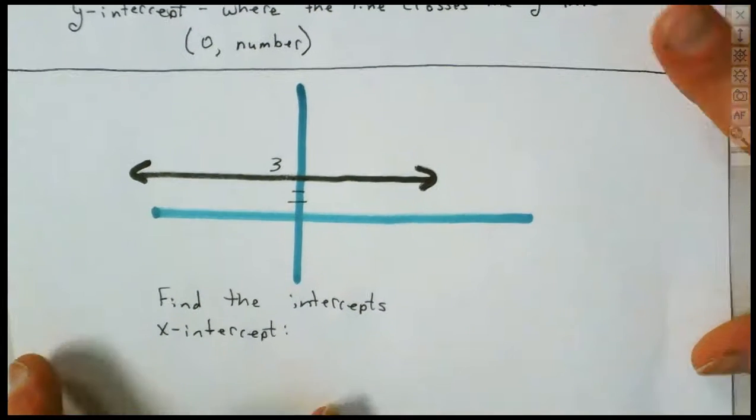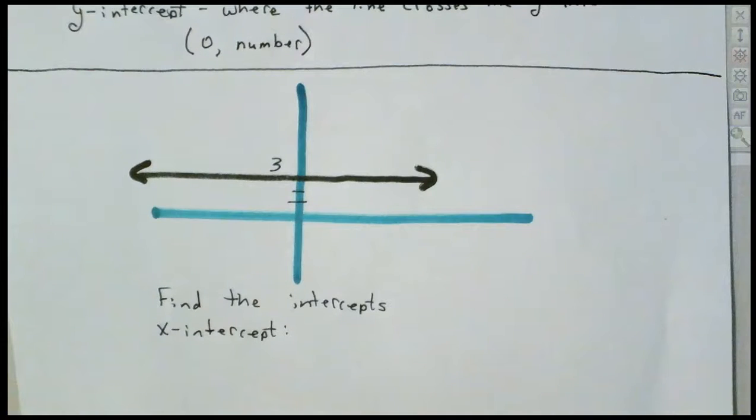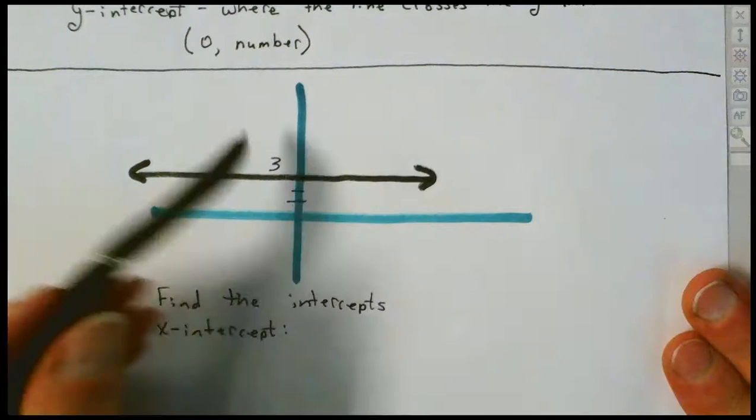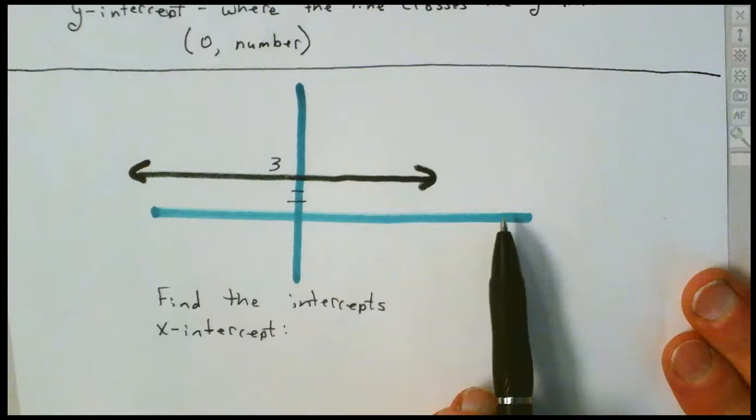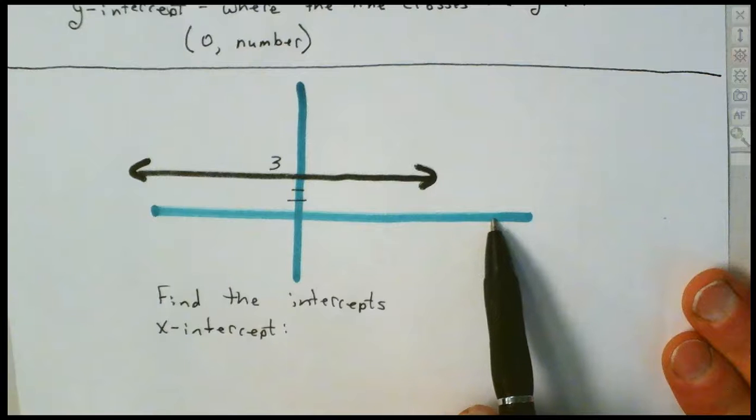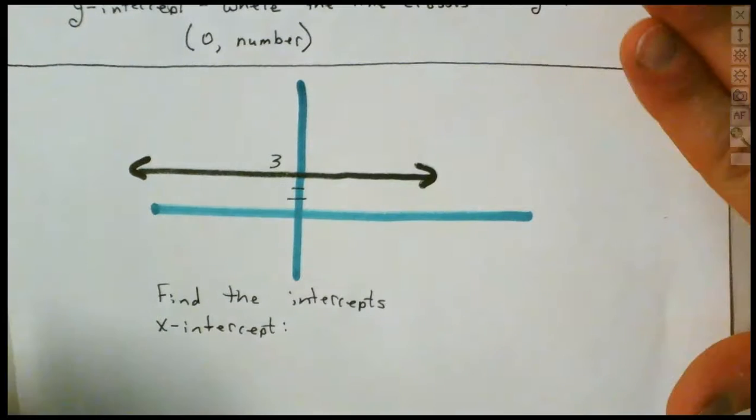When we look at this graph, this graph has no x-intercept. Why not? Well, that black line here, does it ever cross the green axis? No, it doesn't, right? So it never crosses the x-axis here. So in this case, we have no x-intercept because this black line does not cross this green x-axis.